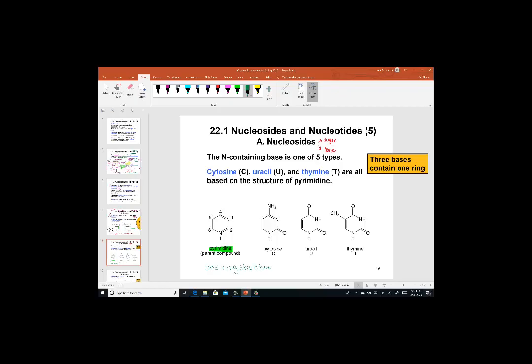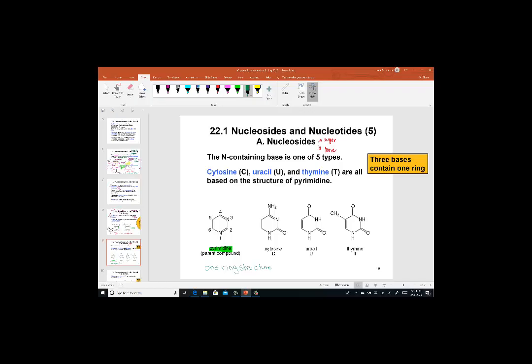Now, out of this parent compound called pyrimidine, there are 3 derivatives of bases that are found in these nucleic acids. Cytosine, abbreviated with a capital C, uracil, abbreviated with a capital U, and thymine, which is abbreviated with a capital T. All 3 of these are based on the structure of pyrimidine.